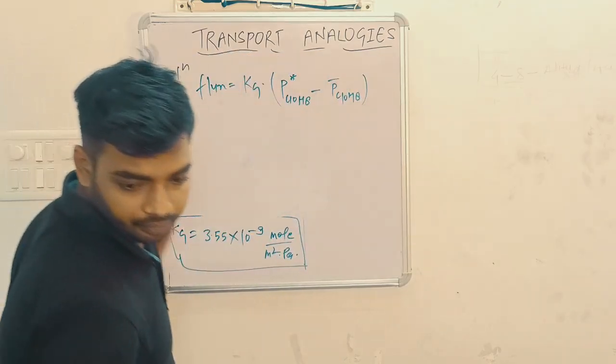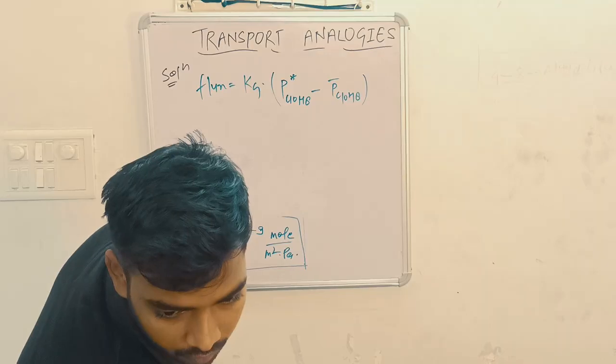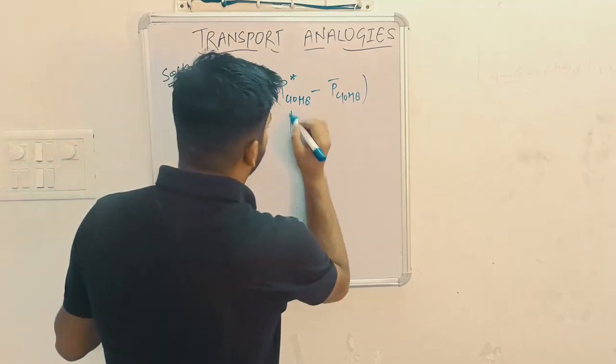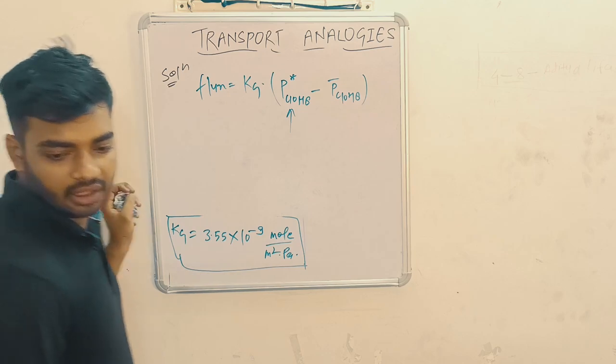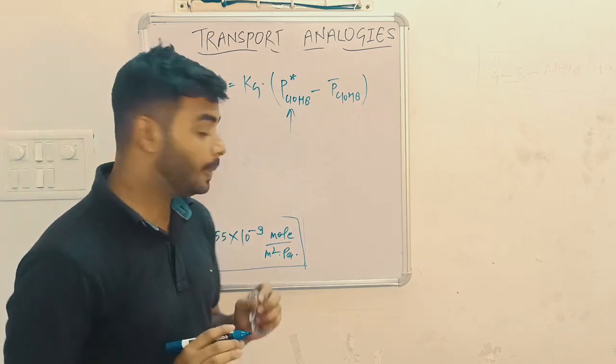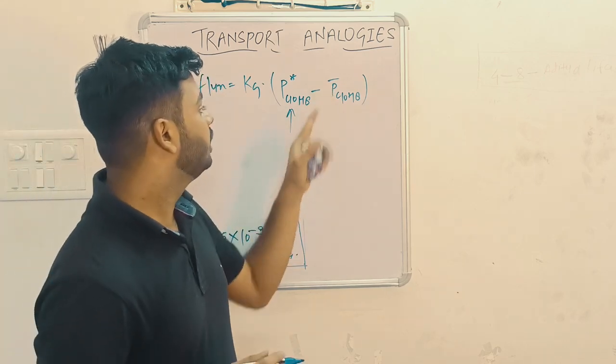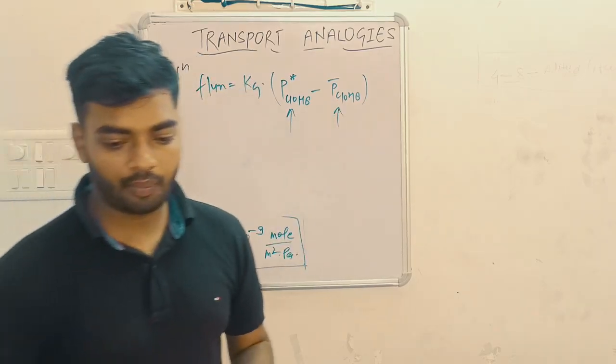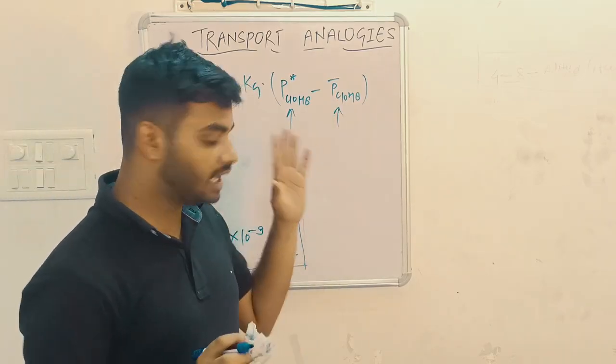Here the first term is the vapor pressure of C10 H8, and the second term is the partial pressure of C10 H8 in CO2.